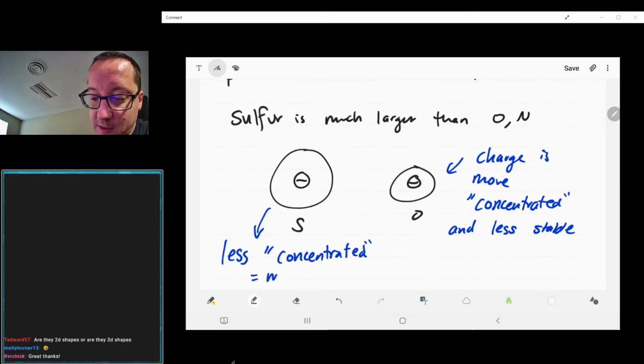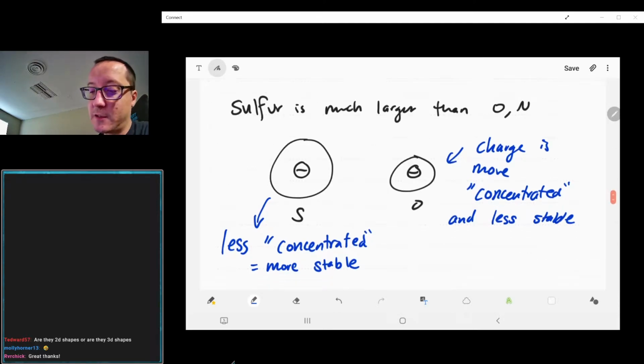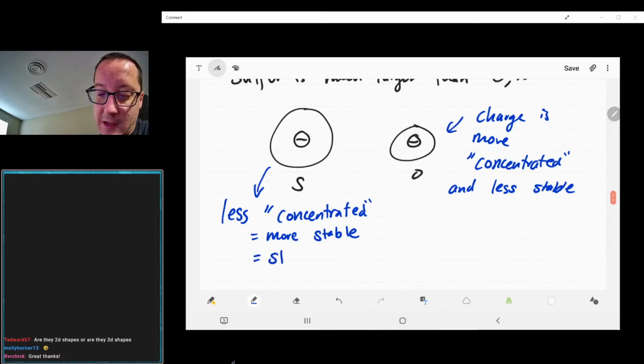And so that means more stable. All right, and so as a result, because it's more stable, it's going to be a stronger acid.